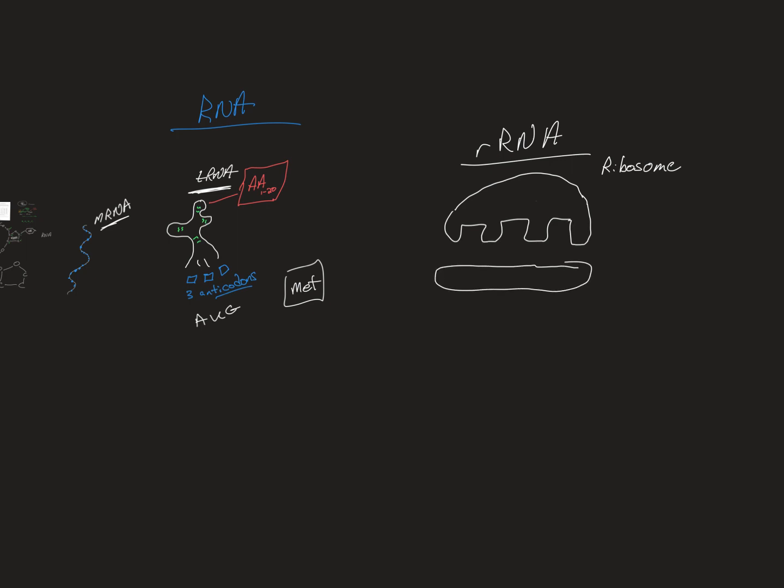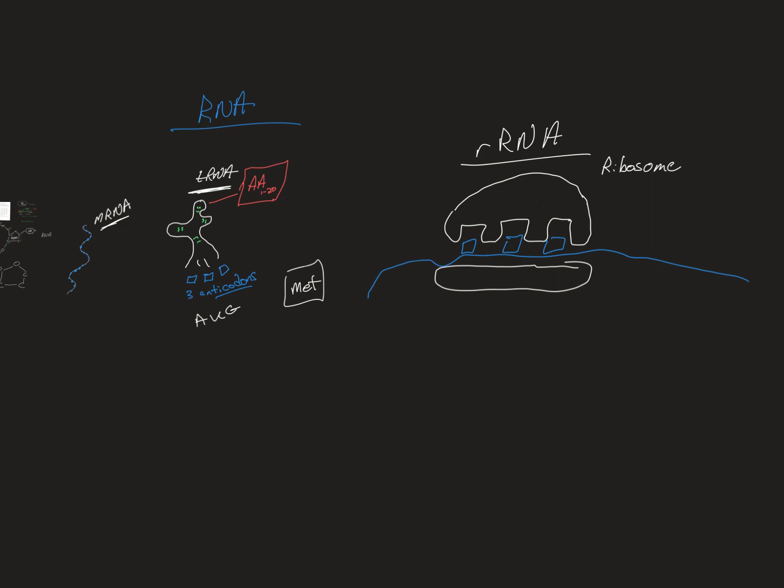That's why it's a triplet. When the mRNA sits in the middle, let me draw it in blue, it's going to read the first one, the second one, and the third one.